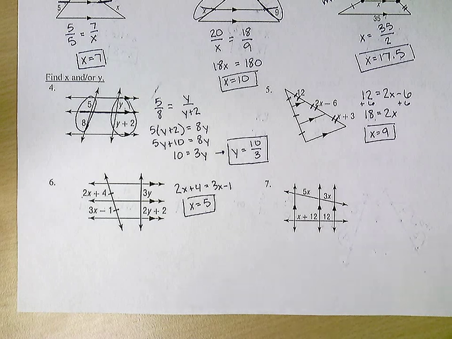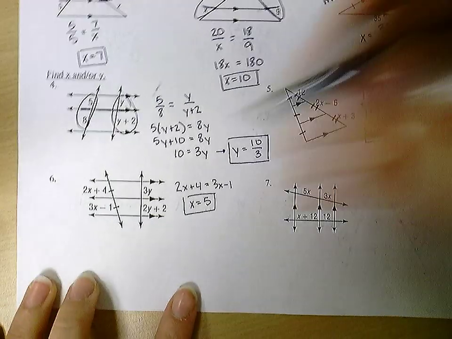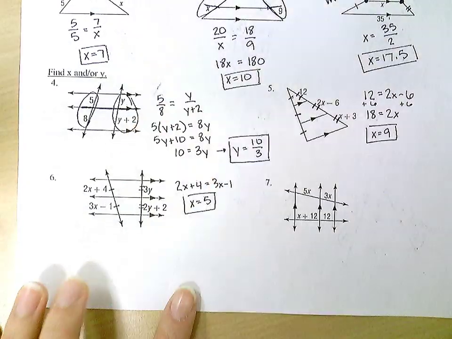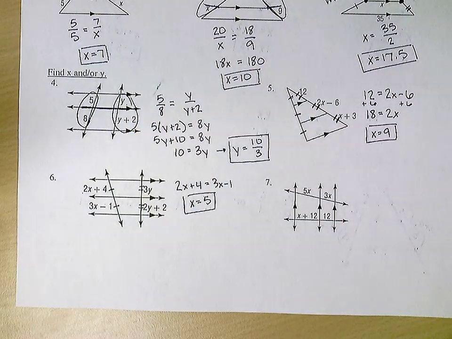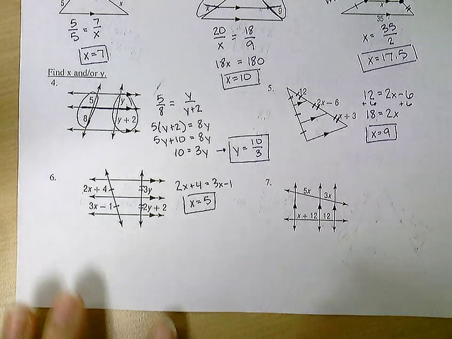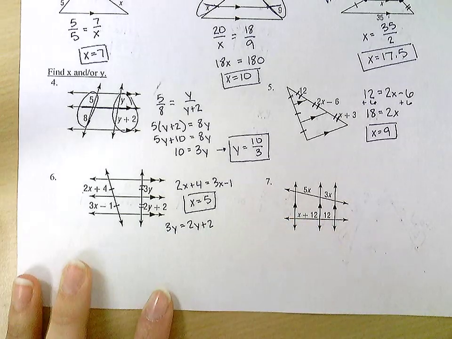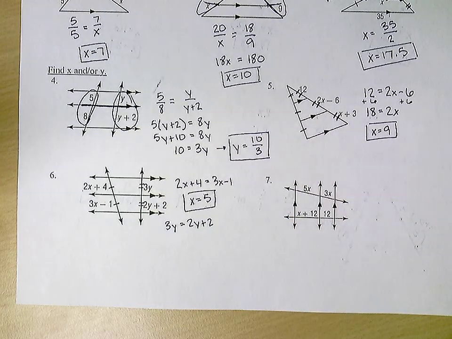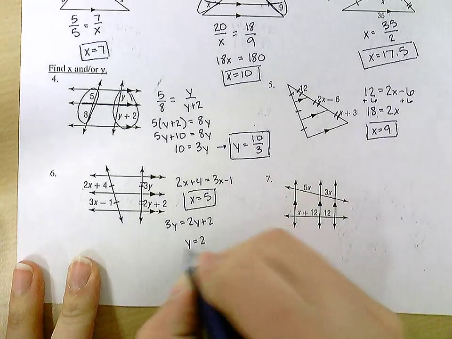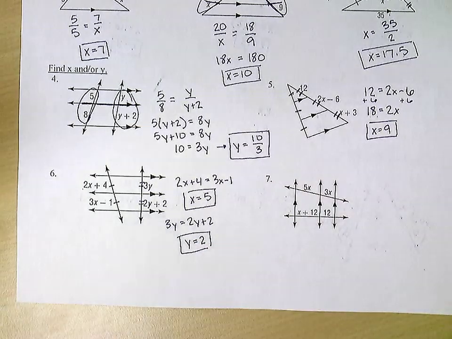Just like problem 5 above. So I can set those equal to each other as well. So I have 3y equals 2y plus 2. Then solving, y is equal to 2.